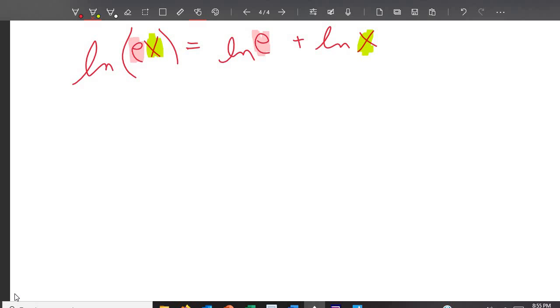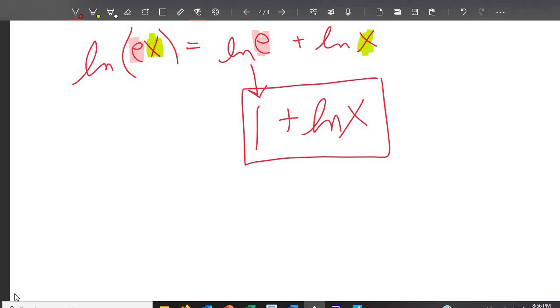Now, let's simplify. This is that special property that says ln e is equal to 1. Then we've got a plus natural log of x. So we're trying to break it apart into smaller pieces and simplify.